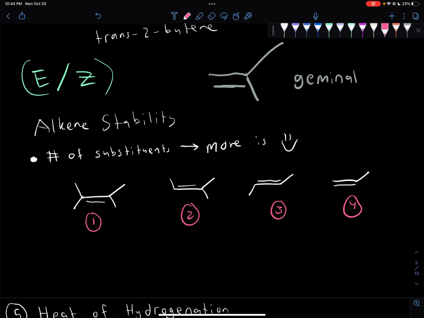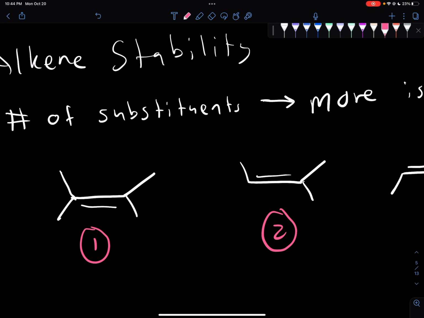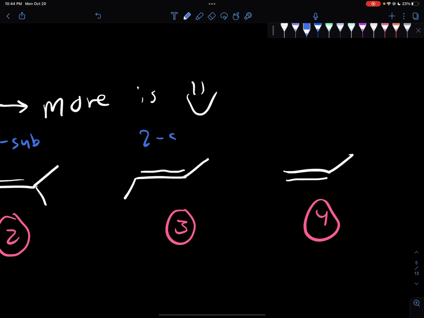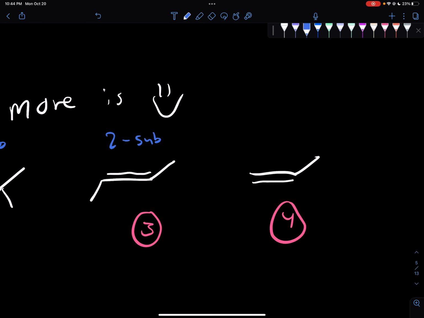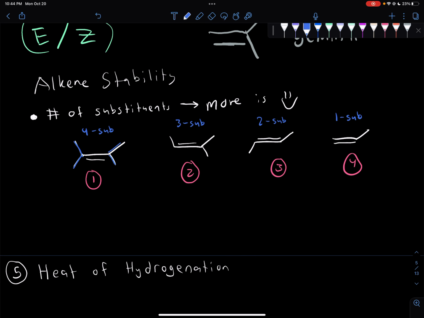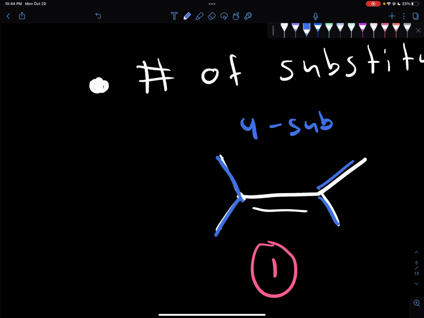When I'm talking about substituents, I mean substituents on the alkene carbons. So this first one, I have 1, 2, 3, 4. This is called tetra-substituted. This one is tri-substituted. This one is di-substituted. And this one is mono-substituted. So the more substituents you have, the better. The reason for this is something called hyperconjugation. I'm not going to go into detail.